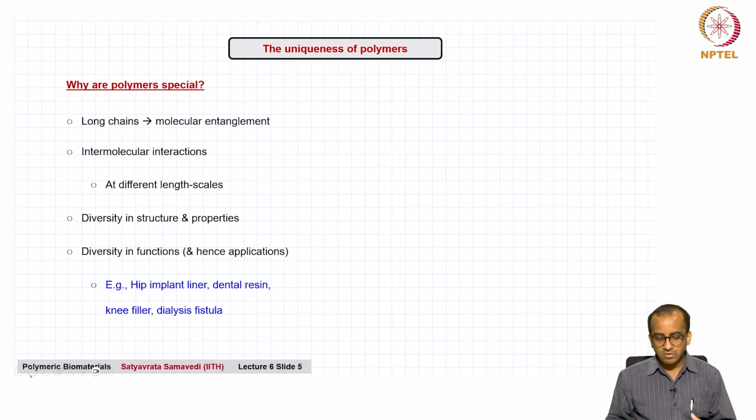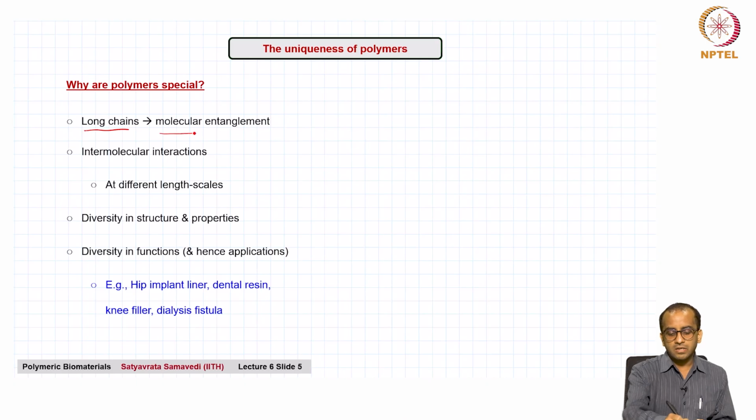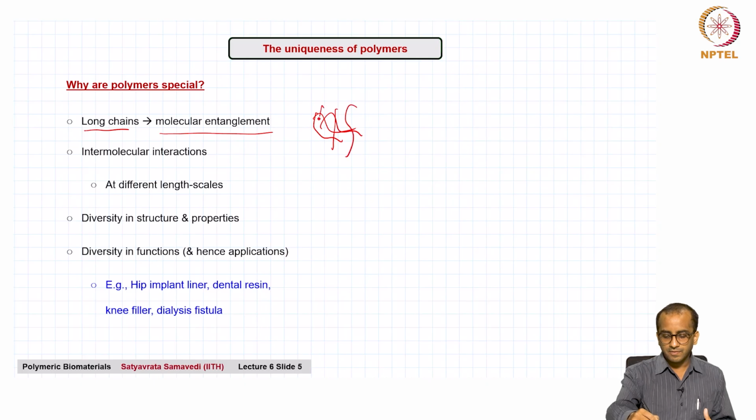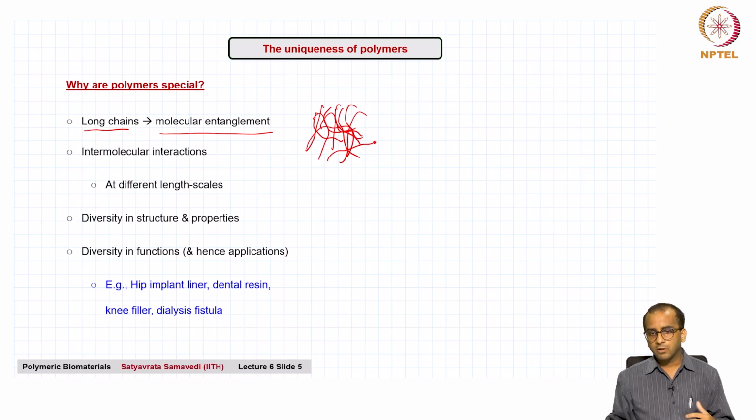So, dwelling further on why polymers are special, when you have long chains, you end up getting what we call molecular entanglement. Now, the typical picture that is given is that of a bowl of spaghetti, cooked spaghetti if you will, or noodles, and if you think of those as polymeric chains, you see that the spaghetti chains are all entangled, right.